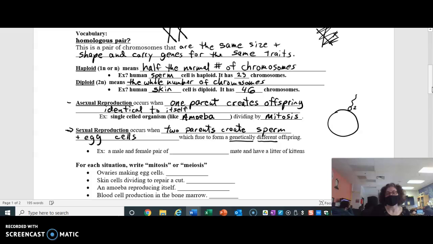And you have 23 chromosomes in there and 23 chromosomes in the egg, and they come together to make a zygote with 46 chromosomes that grows into a new baby, right? That's sexual reproduction. But it can't happen without meiosis, because meiosis creates the sperm and egg. So a male and female pair of cats mate to have a litter of kittens that are a mixture of all of their traits.